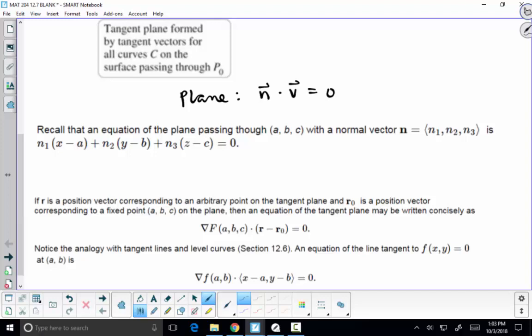And then we have to find v. V is just a regular old displacement vector: x minus a, y minus b, z minus c. So n dot v, where v is a general displacement vector off a point that you know is in the plane. You have to know one point in the plane, and you have to know the normal vector. And you're golden.